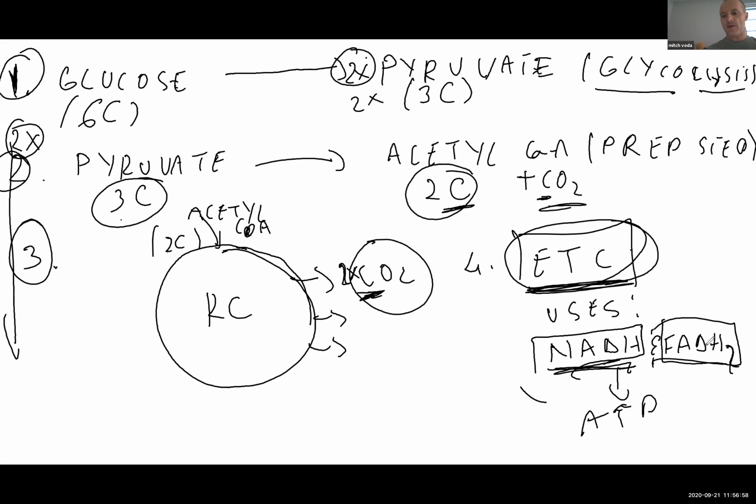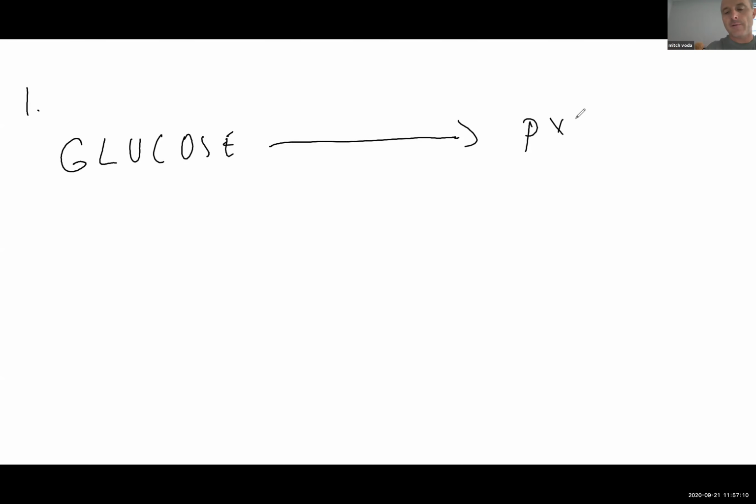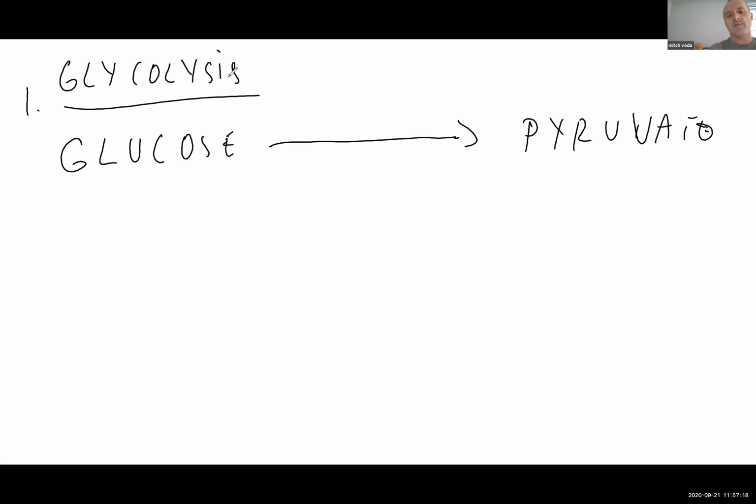Now, the first step, glucose broken down to pyruvate. Now remember, the step is called glycolysis. Now, for glucose to be broken down to pyruvate, it requires one thing.